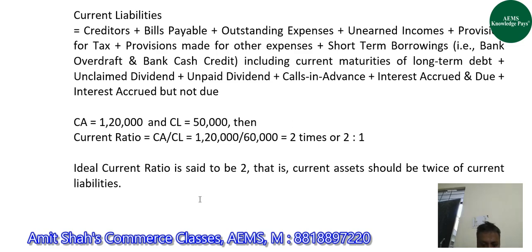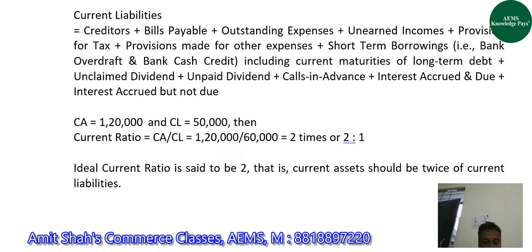Now, suppose one fine day we suddenly have to close down our business, and in that case, we have to pay off these liabilities in one shot, in one go. We will recover money from our current assets. Even though half of the current assets could be realized, then also we can repay all our current liabilities. That is why it should be at least 2. Am I clear or not?